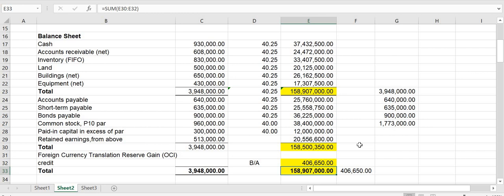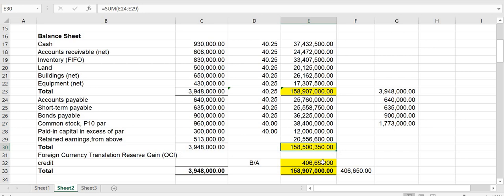Diba? And since we have current rate method, yung imbalance natin is actually treated as the cumulative translation adjustment or the foreign currency translation reserve gain or loss. So since dapat ang balance niya is 158,907,000 and then we do have 158,500,250 here, so dapat i-add natin yung excess.